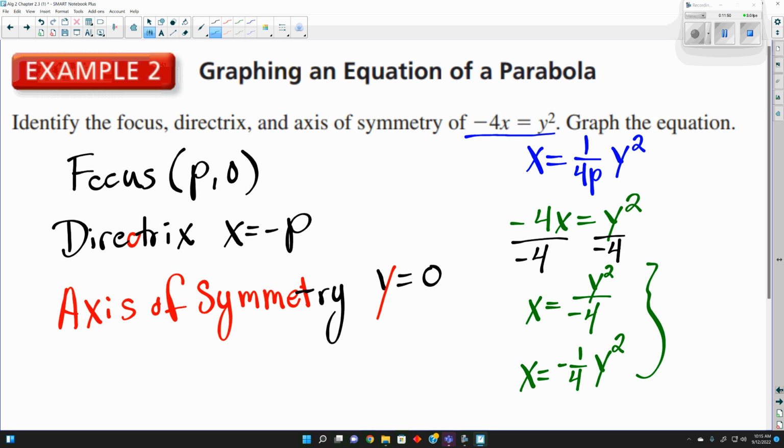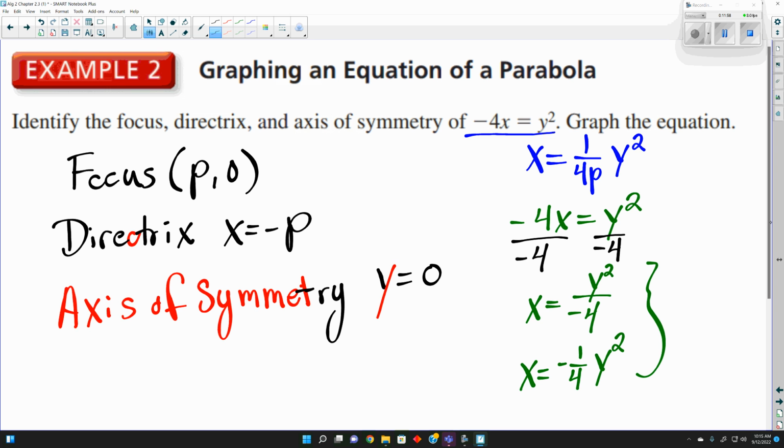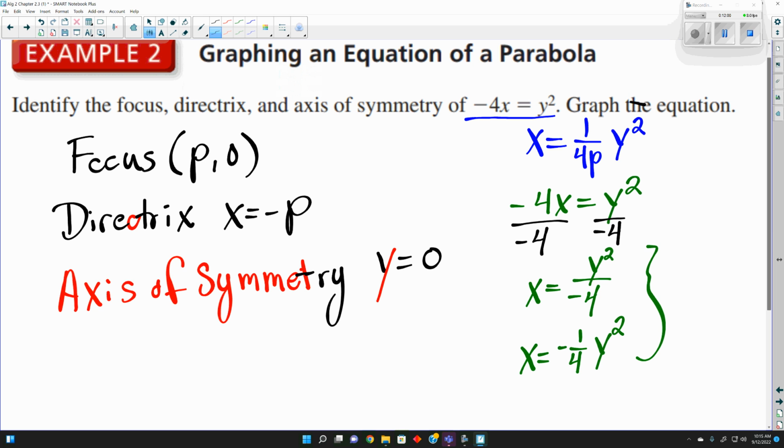Yes? Because it's just moving where it's at. Any questions on any of this here? Because the main reason we move it over is to get it to look like this. Because I want that number times y squared. We good with this here so far?